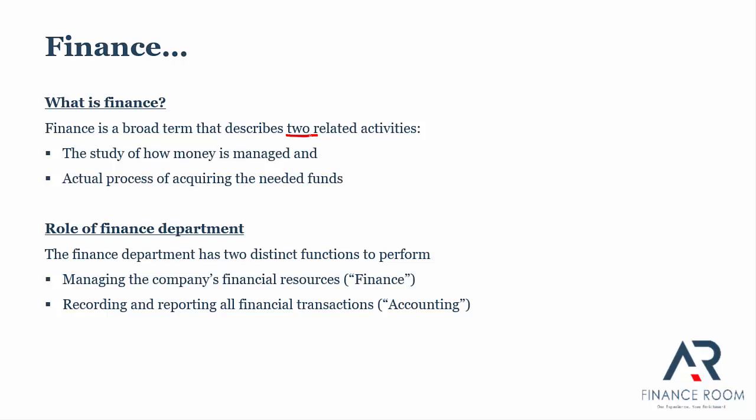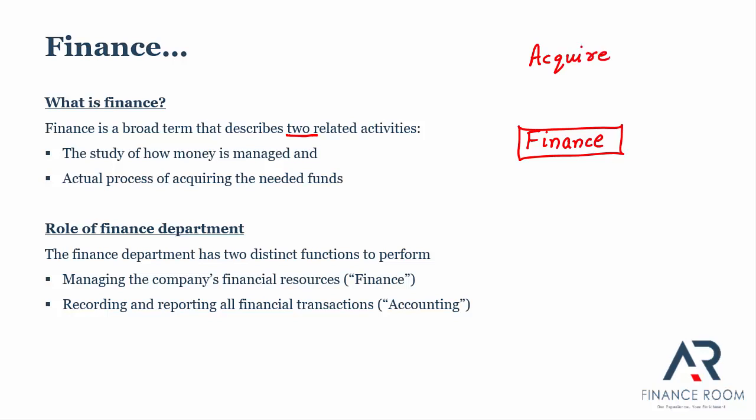So what we infer is that finance is a broad field that basically includes two activities. Now, in order to work with money, it is very important to first acquire money.